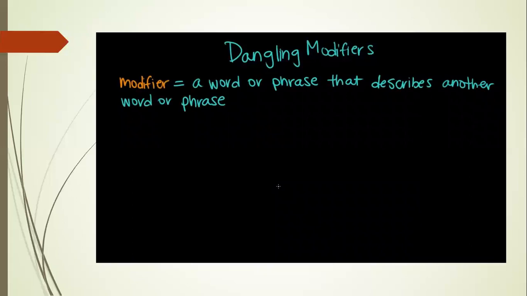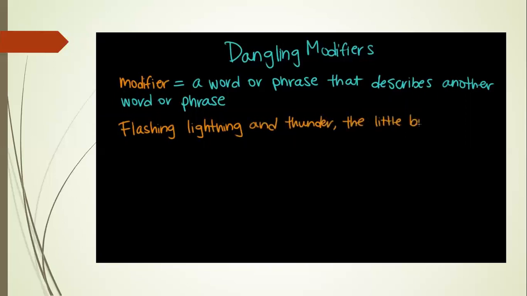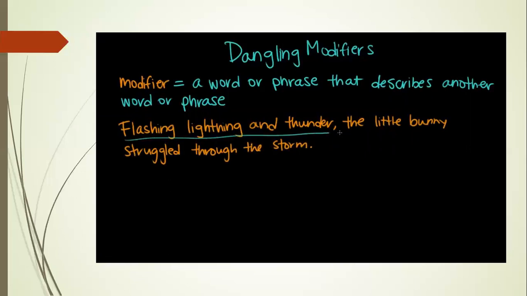So this can look something like, Flashing lightning and thunder, the little bunny struggled through the storm. So this sentence has a dangling modifier, and the modifier in question is flashing lightning and thunder. So the phrase that this comes right before is the little bunny. And flashing lightning and thunder is not describing the little bunny, right? I don't think I've ever seen a bunny with lightning coming out of it or anything.